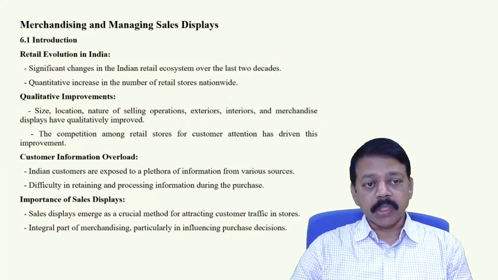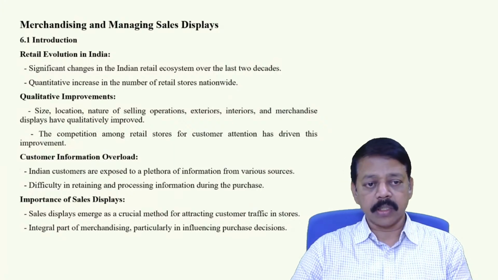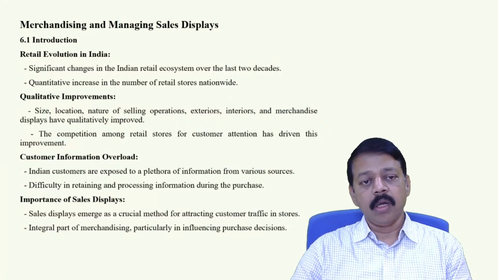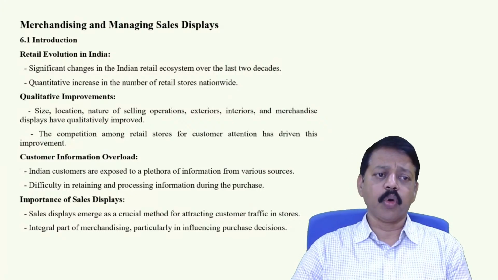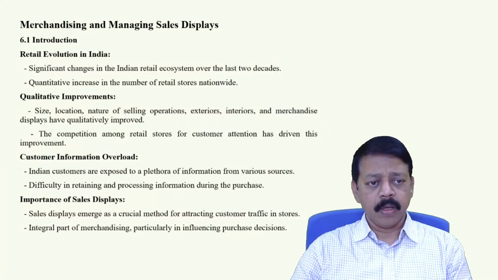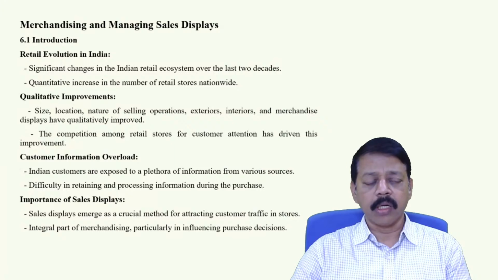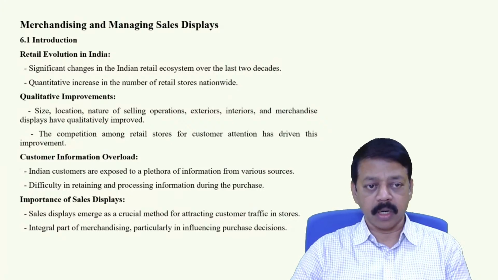So, what improvements have you seen from a quality perspective? The size of the retail outlets, the location, the nature of selling operations, exteriors, interiors, and merchandise displays have qualitatively improved. In size, we have grown bigger than earlier. In terms of location, we are available in the prime localities of the state, the city, or the district.